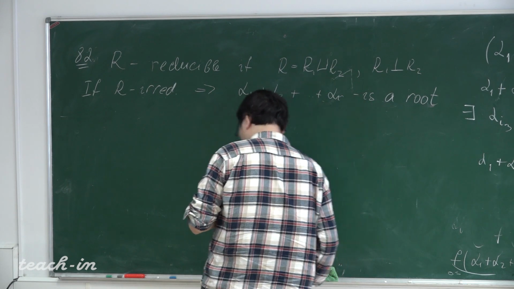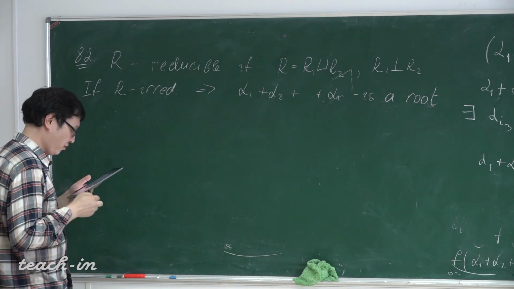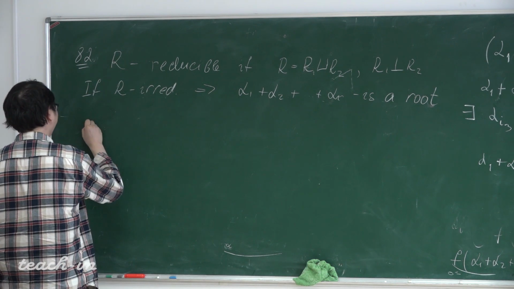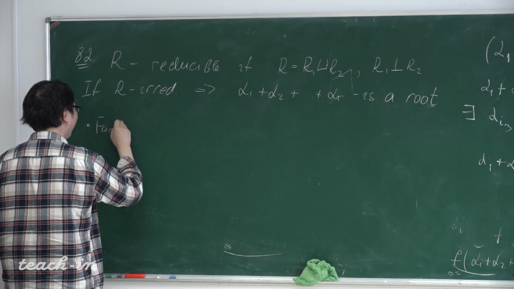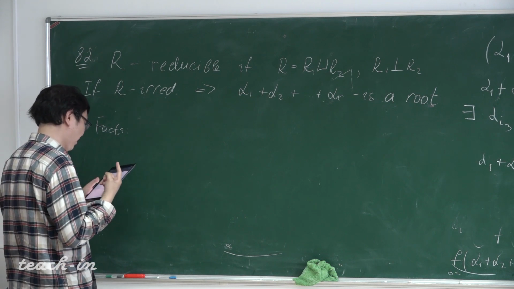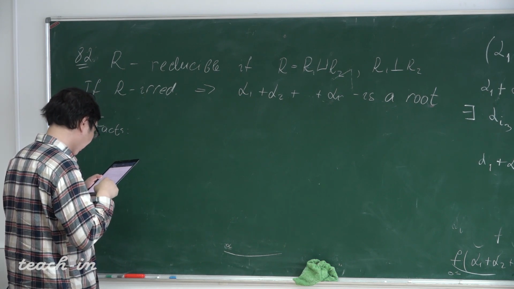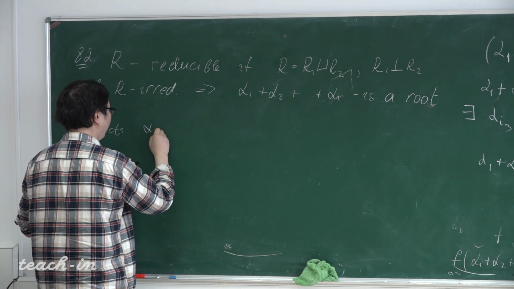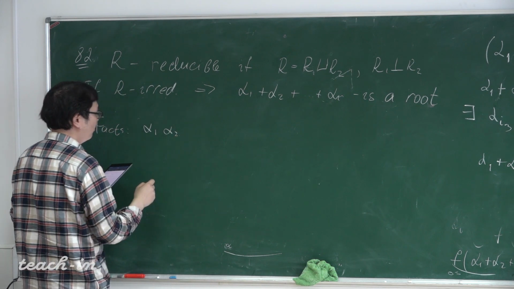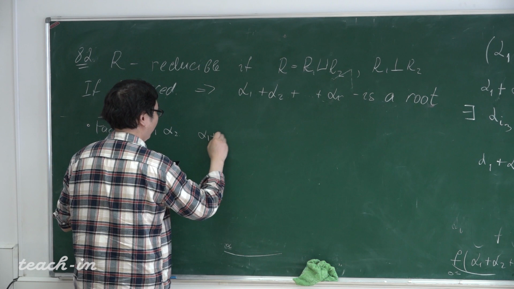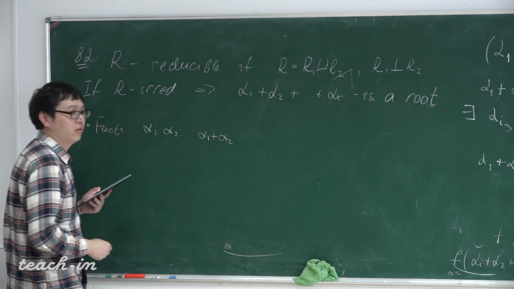And for problem 3, we should first know some facts. For two simple roots, if they are orthogonal, then alpha 1 plus alpha 2 is not a root.